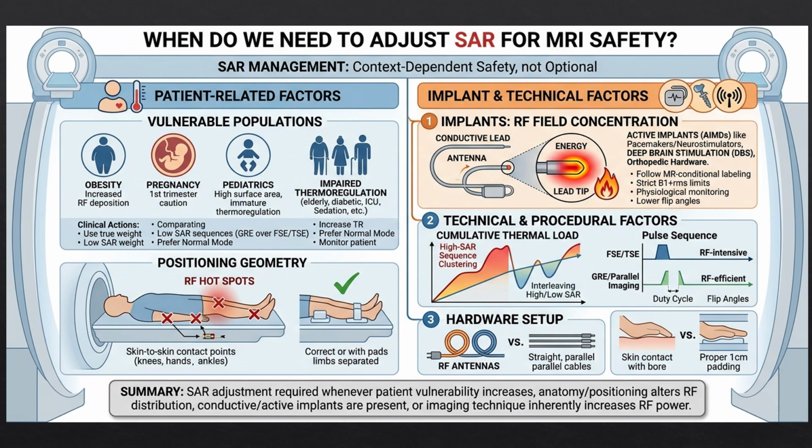For example, patient-related factors often necessitate adjustment. Implants can significantly increase local RF energy deposition by concentrating electromagnetic fields, a risk that is not captured by reported whole-body SAR values. Even in otherwise healthy patients, SAR risk may rise due to technical and procedural factors such as sequence design, coil selection, scan parameters, and workflow decisions.